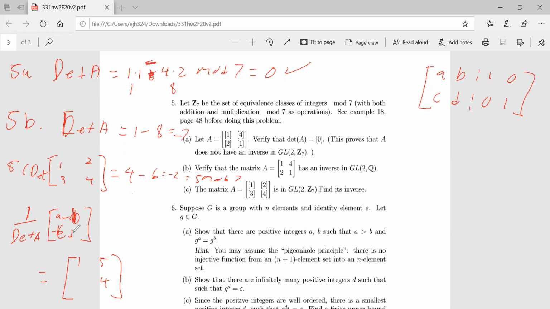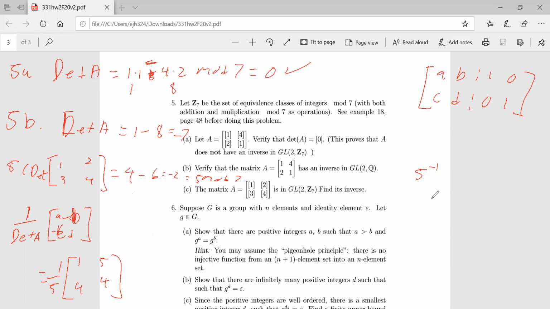And then what is -3 mod 7? 4, exactly. Cool. And then we're still dividing by 5, right? But what does dividing by 5 mean? That's the equivalent of multiplying by 5 inverse. What is 5 inverse in this setting?